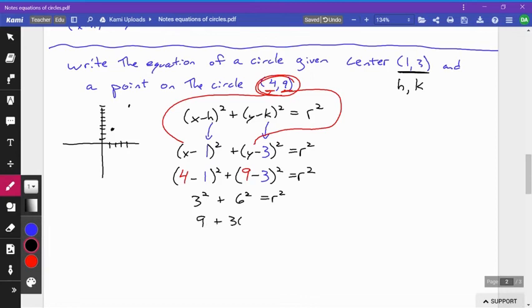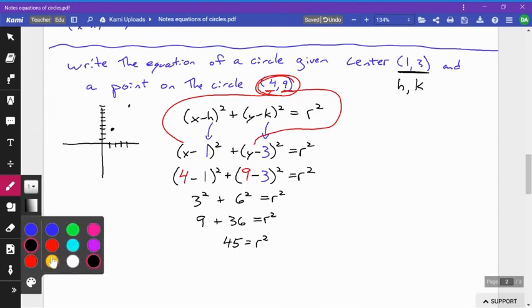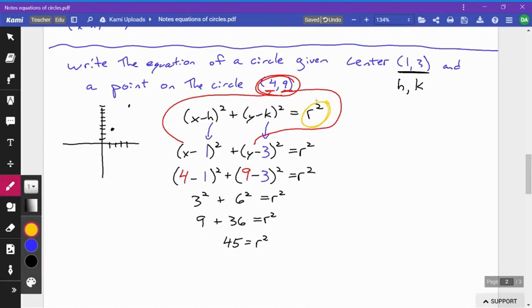So that's 9 plus 36 equals r squared. So that is going to be 45 equals r squared. Now I don't have to figure out what r is because the equation has me just finding r squared. And r squared is 45. So if I go back to this line right here, I get my final answer of x minus 1 squared plus y minus 3 squared is going to equal 45. And that is going to be the equation of the circle.